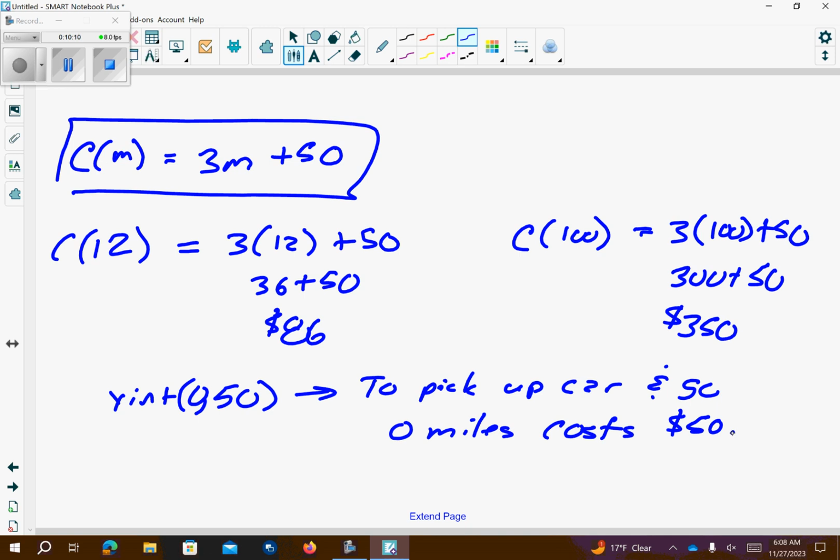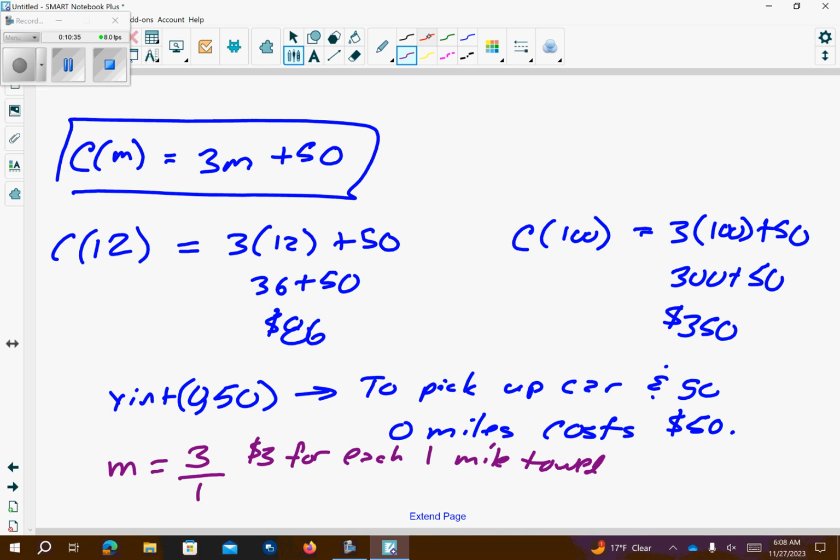Interpret the slope. The slope of our problem is going to be 3. And I'm going to make that 3 over 1. So it's going to cost $3 for each 1 mile towed. And that is the answer for E.